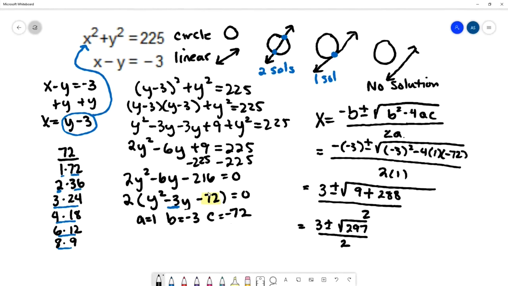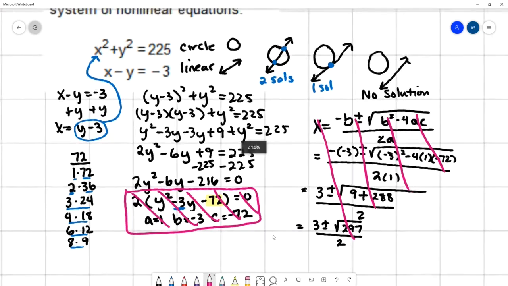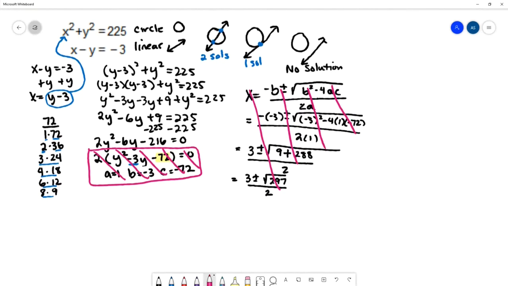So let's correct this. Okay, so I'm going to scrap all this and scrap all this. And let's make that correction.